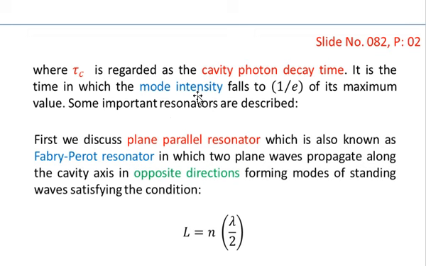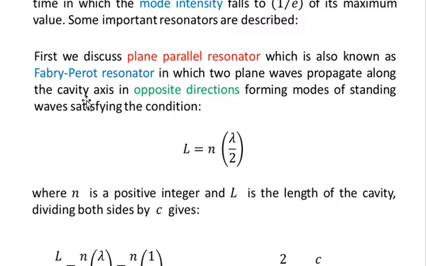So if a mode is oscillating, then the photons corresponding to that mode will decay when the intensity corresponding to that mode falls to 1 over e of its maximum value. Now what is 1 over e? For this one you need to have a look at slide number 81, that is in the previous lecture. So here we are going to discuss some important resonators which are described below.